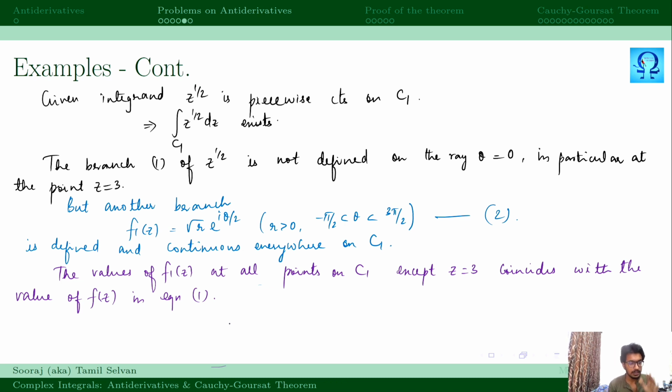Now let us try to identify the antiderivative of f1 of z and try to solve this problem using that. Hence the integrand can be replaced by f1 of z. Here your integrand is f of z, but because the values of f of z and f1 of z are equal except at this point, we can replace one with the other.